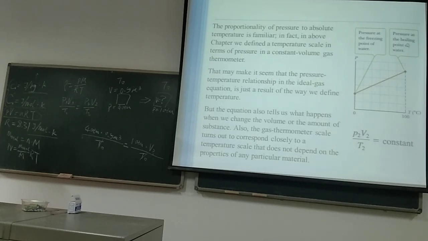The pressure at the boiling point of water is much higher than the mixture of the water and the ice. In this figure, you can see the variation of the pressure influenced by the temperature.